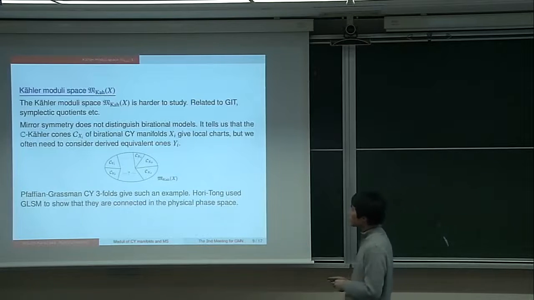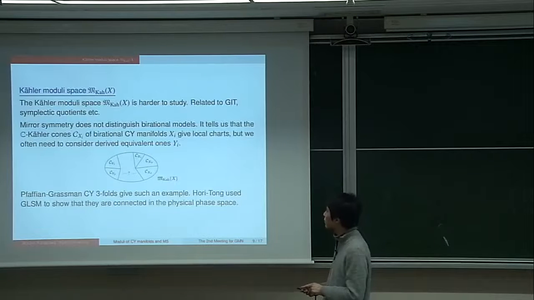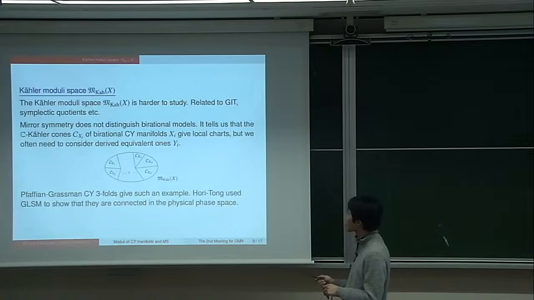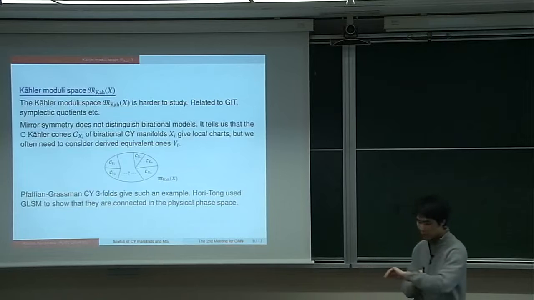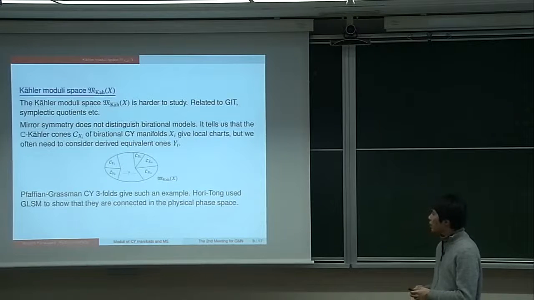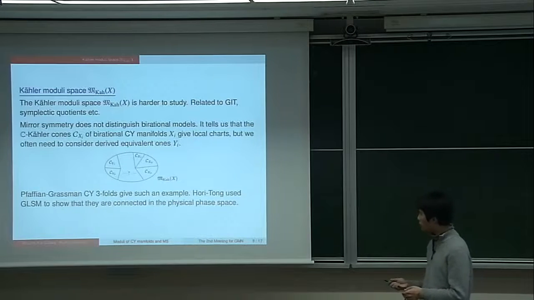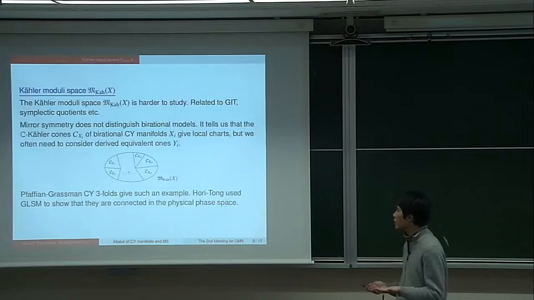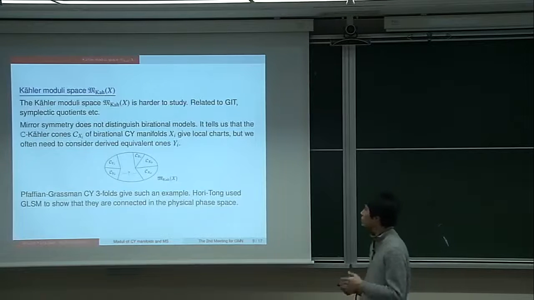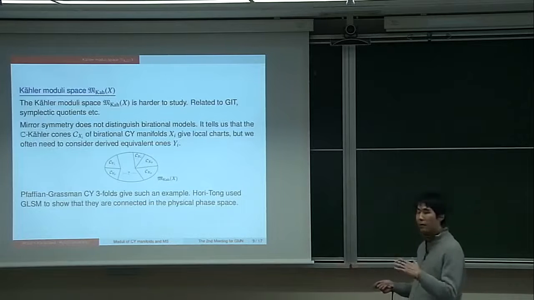And there is an example giving such a picture called Pfaffian-Grassmannian Calabi-Yau manifolds. And the physicists Hori and Tong used the gauged linear sigma model to show that they are really connected in a physical phase space.